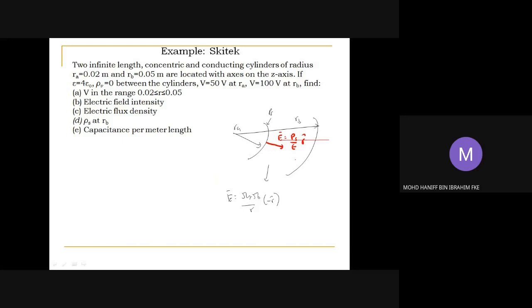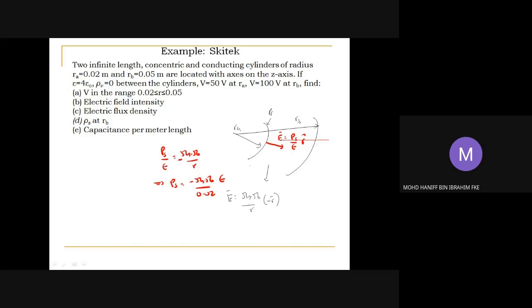So we equate this rho s over epsilon with this equation: rho s over epsilon is 54.56 over R, negative, because this is positive R and this is negative R. Since we are calculating the rho s at RA, which is at 0.02, we get rho s to be negative 54.56 over 0.02 multiplied with epsilon.